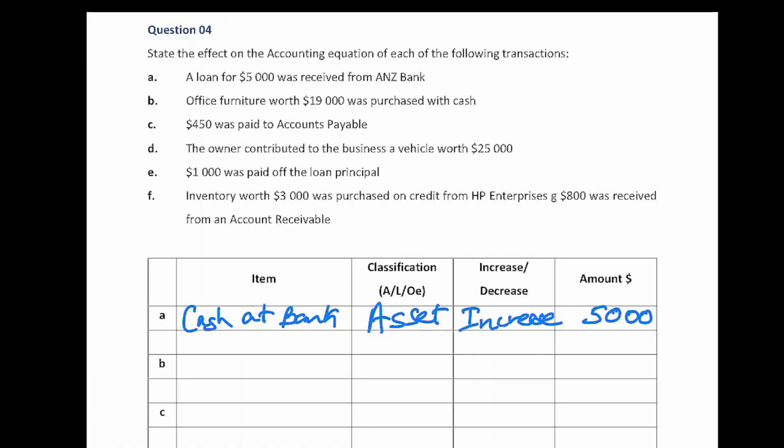Which one? Loan ANZ. Very good. I will leave space here, because otherwise, once you have finished writing it, it won't be clear. Loan ANZ. What is it? Liability. Increase again. How much? 5,000.